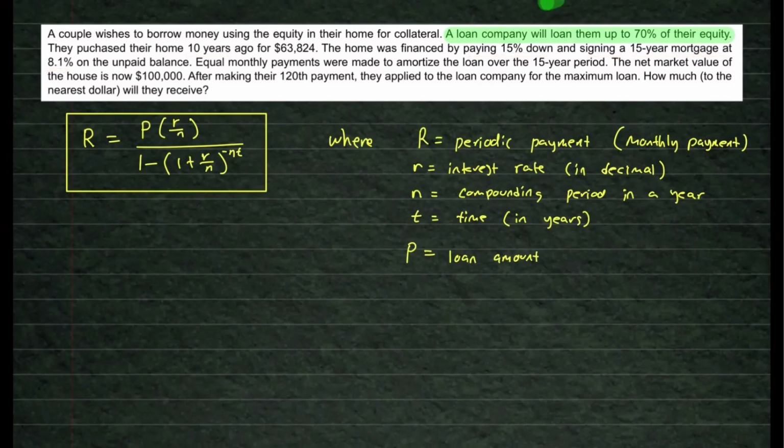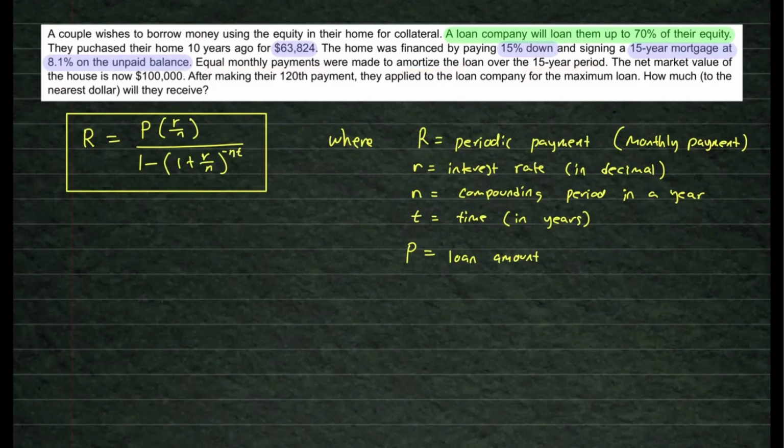So all of this is important. Let me go ahead and highlight them for you. So this was the price of the house they purchased. They paid 15% down and amortized the rest with 8.1% interest, equal monthly payments. So their monthly payments were made to amortize the loan over a 15-year period, as I was mentioning earlier.